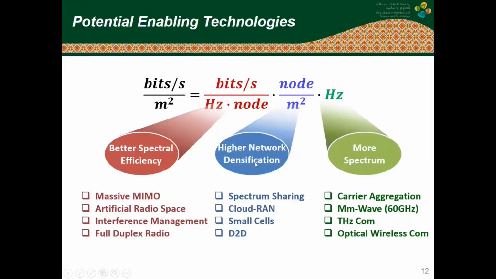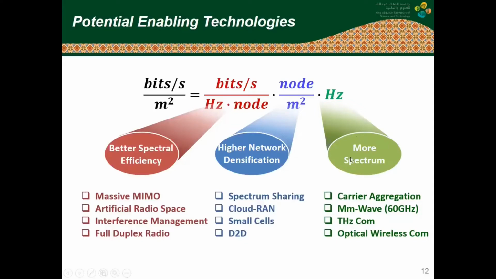Then we have obviously densification of the network, which is another important direction, trying to reuse the spectrum more aggressively and efficiently, with all kinds of variants, spectrum sharing, small cells, heterogeneous networks, and so on.